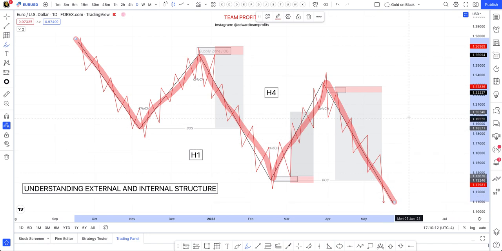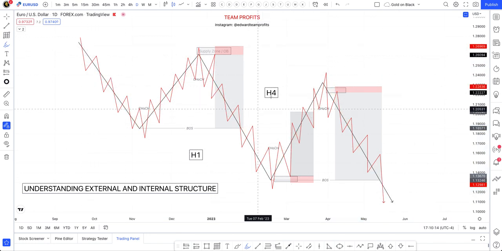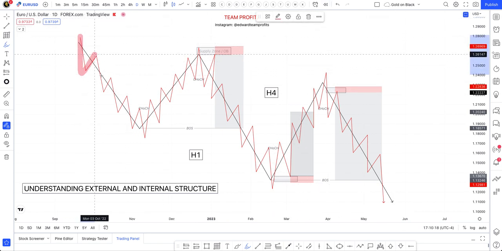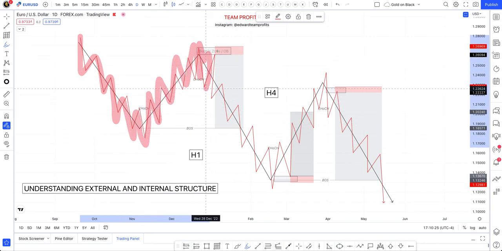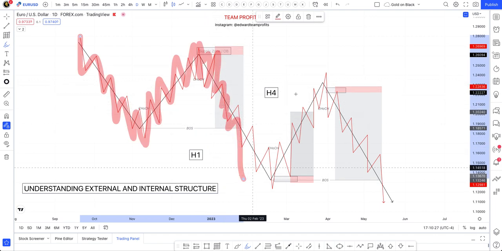Now internally, when you go from the daily to the 4 hour or to the 1 hour, you're going to find all this little noise right there. That's why we normally scale in to find our entries in the smaller time frames. That's basically what a trader does.